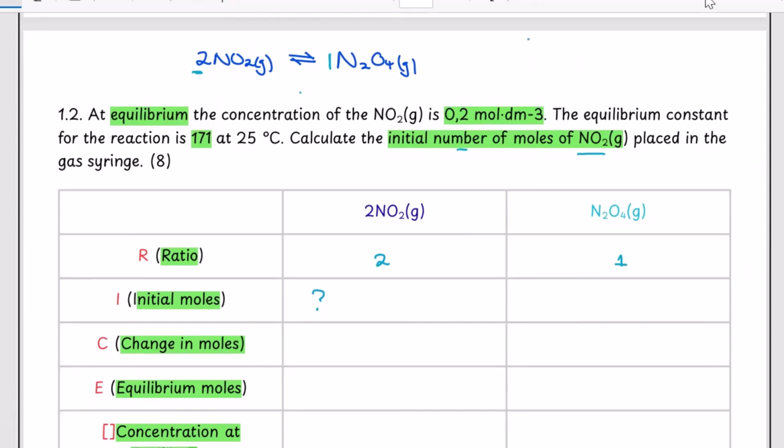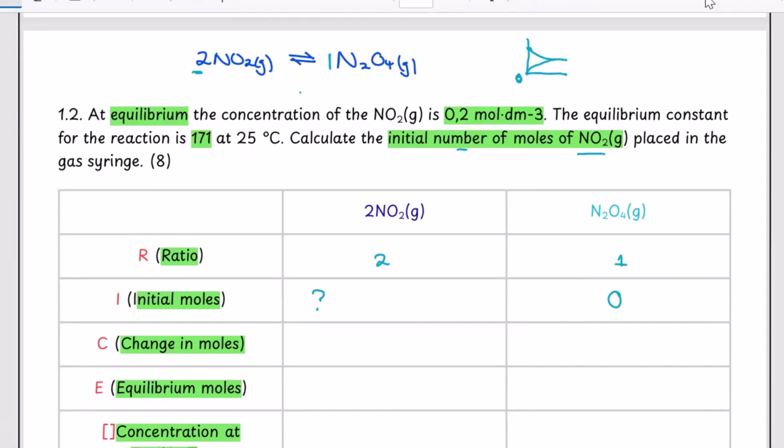Graphically, our reactants are getting used up to form our products, so the products start at 0 and then start forming. So the initial moles of our product is 0.